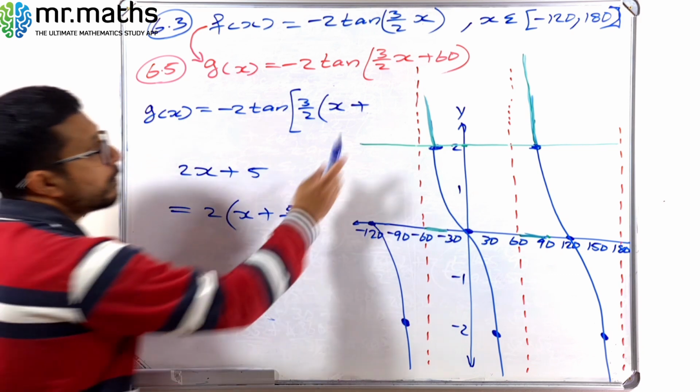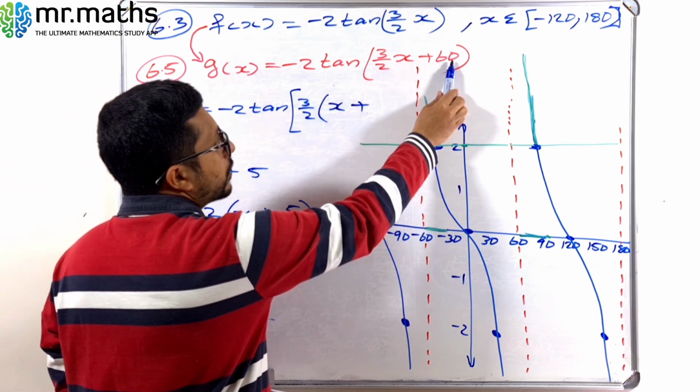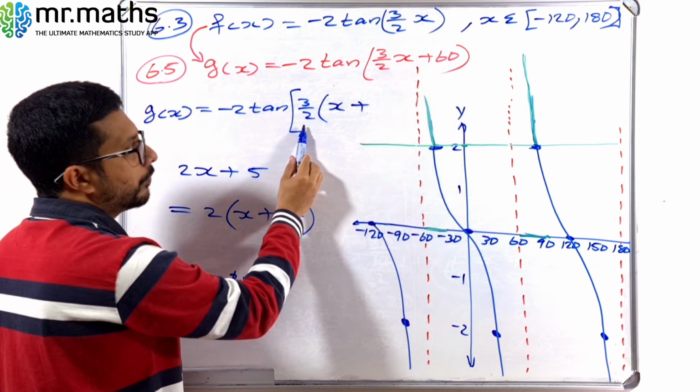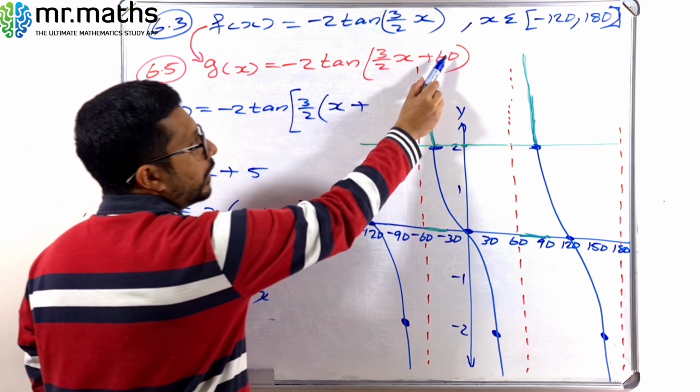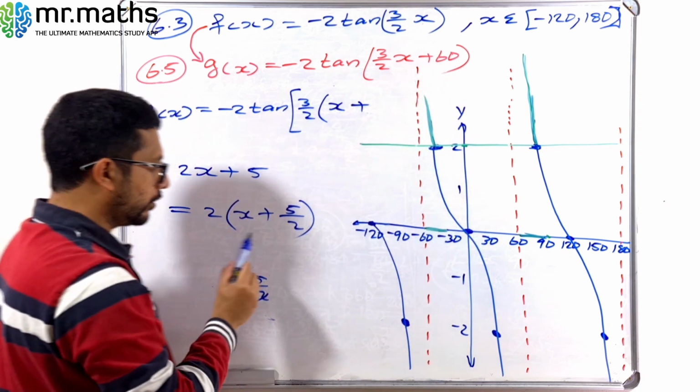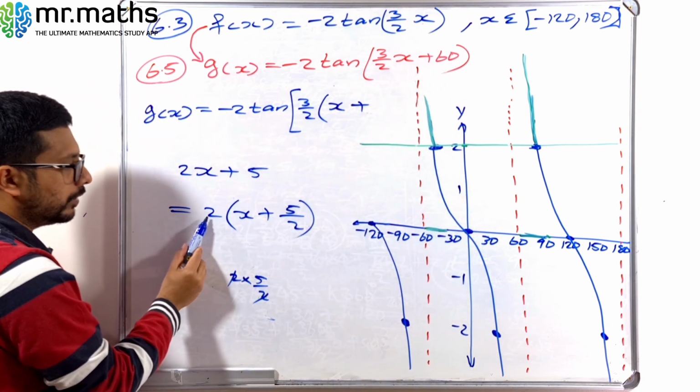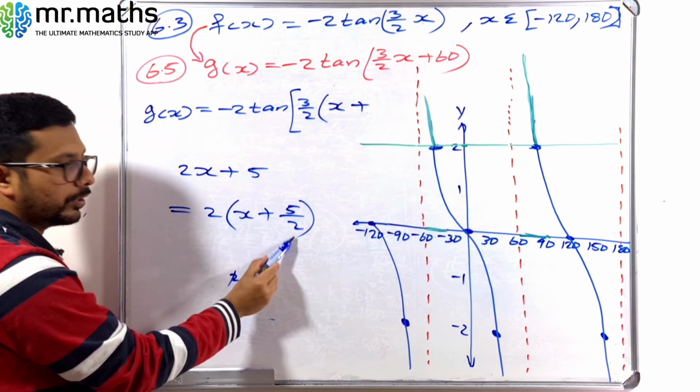Same thing: 3 over 2 x plus 60, I took 3 over 2 as common factor, so it is x plus 60 divided by 3 over 2, just like 5 divided by the common factor. That is what I wrote here.